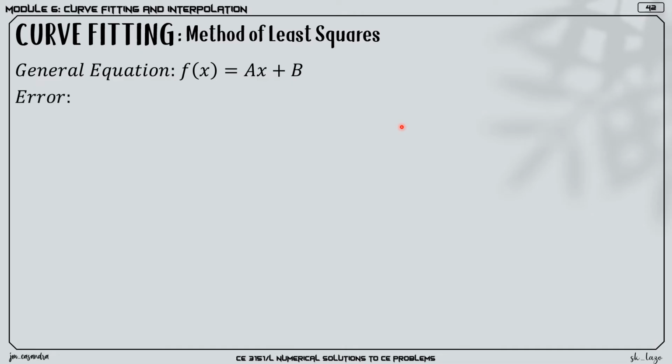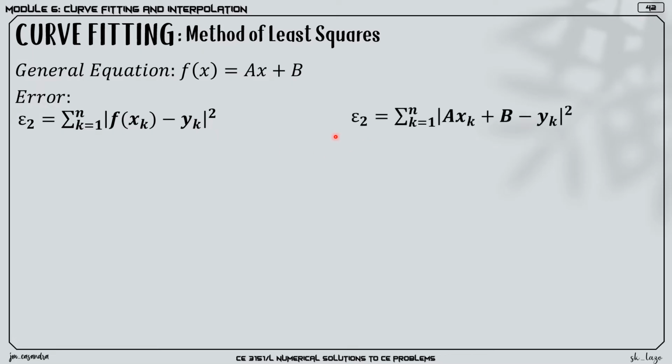We likewise consider the error in RMS that we're going to minimize, which is E sub 2 equivalent to the sum of the squares of the difference of f of x sub k minus y sub k. And since f of x is equal to ax plus b, this equation can be transformed into E sub 2 equal to the summation of the square of a x sub k plus b minus y sub k.